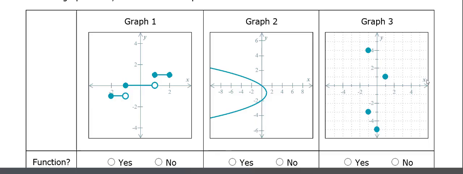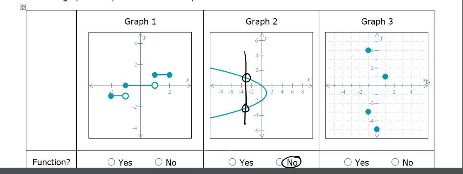I'm going to start with graph 2 to show you what I mean. In graph 2, if I drew a vertical line here, you notice that it hits our graph in two different places. Therefore, this would not be representative of a function.